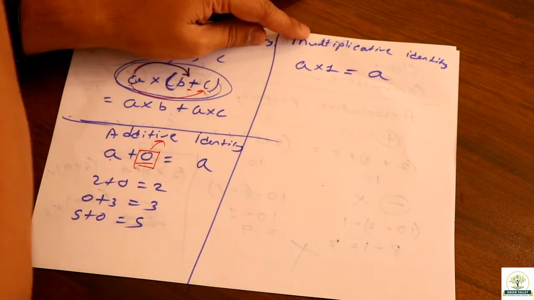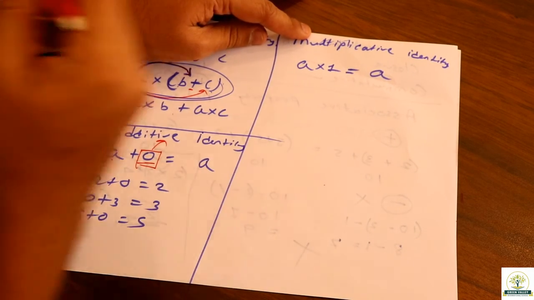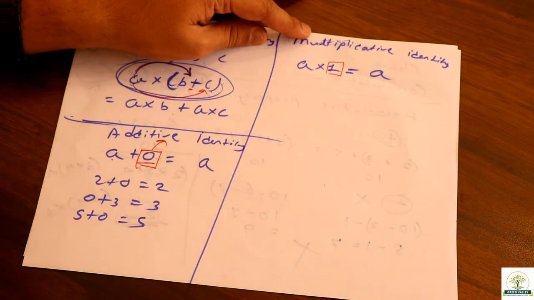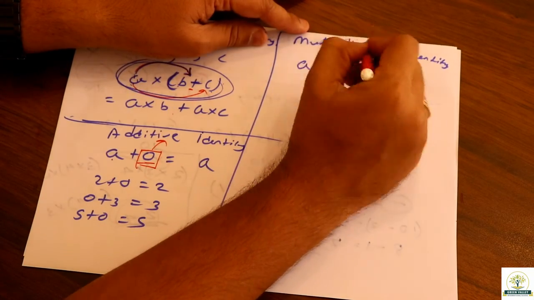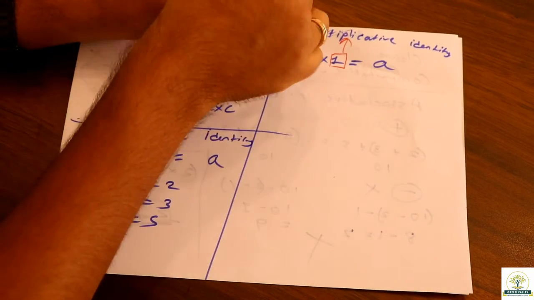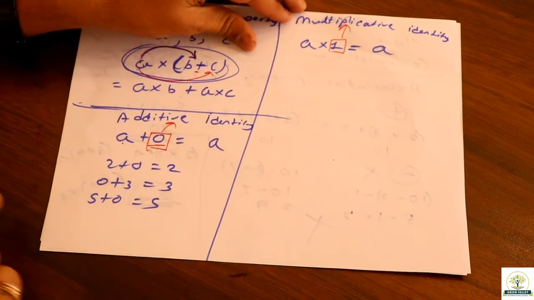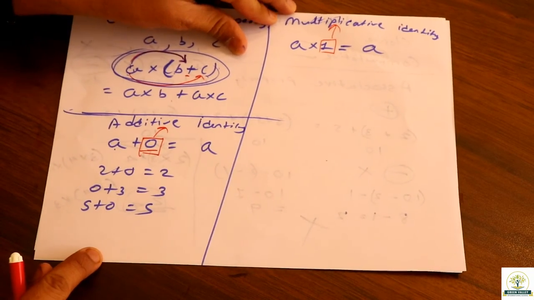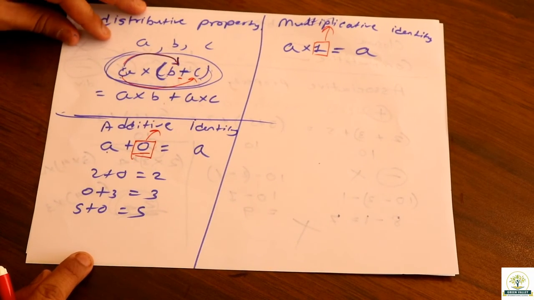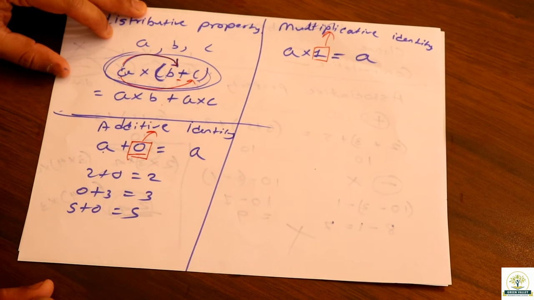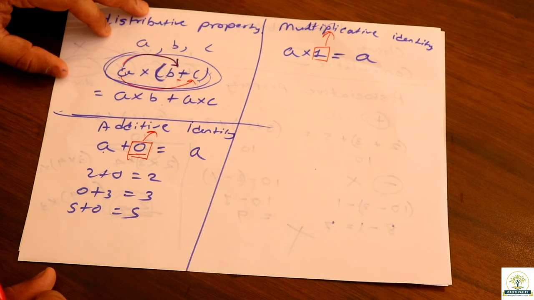So 1 is the multiplicative identity. Easy. A question might be asked in an exam as an MCQ: which of the following is the multiplicative identity? 2, 1, 3 or 4? The answer will be 1, of course.